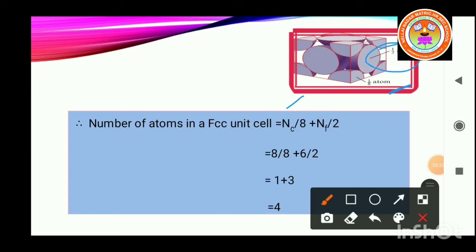So each atom in a face center makes a 1 by 2 contribution to the unit cell. That's why it is written as NF divided by 2. What is NF? That is the number of atoms at the faces. It is shared by how many unit cells? 2. So it is 8 by 8 plus 6 by 2. That is 1 plus 3, equal to 4. Okay, now clear?